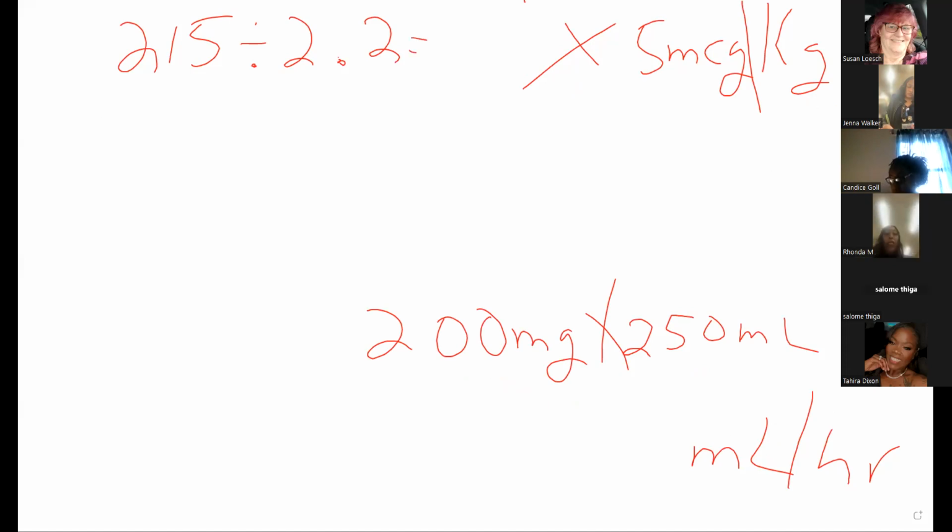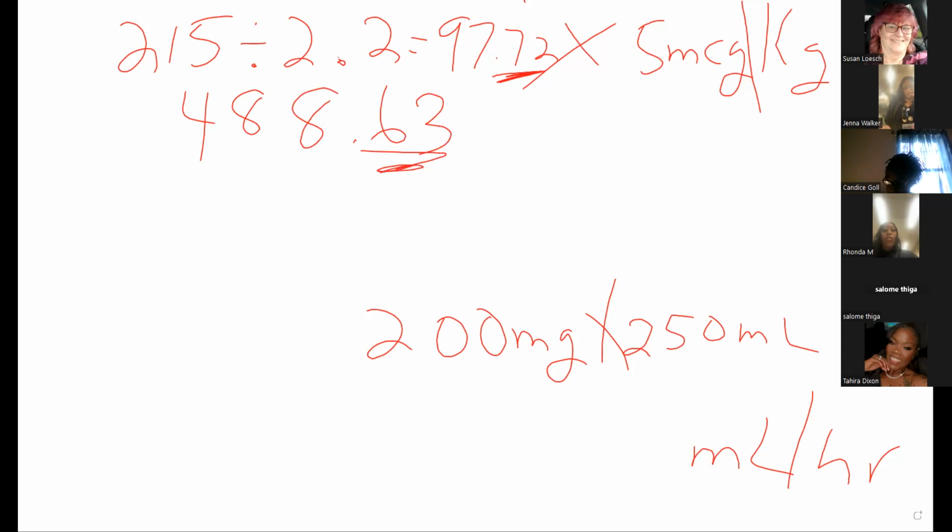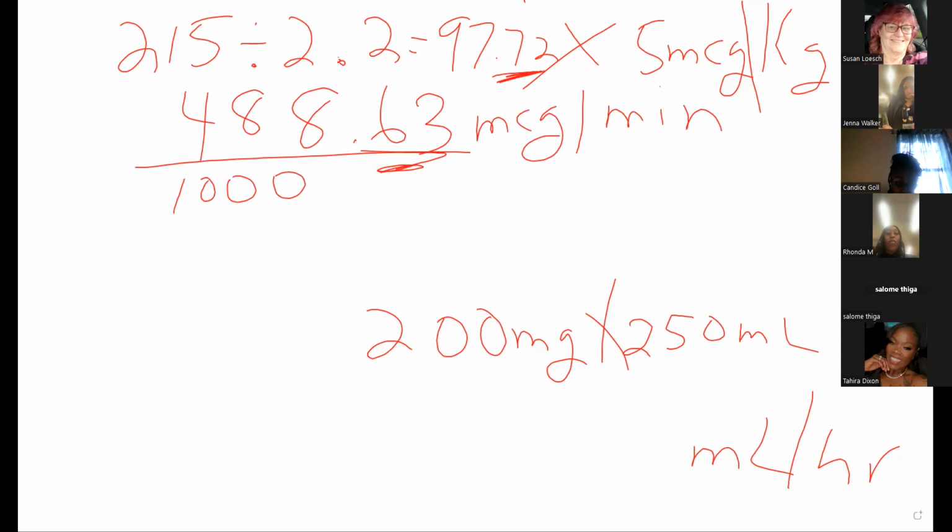Okay, so that gave me 97.72. I put the line here to represent infinity. I just don't put all the numbers up there, but I leave them all in the calculator. And I'm going to multiply that whole number times my 5. And that's going to give me 488.63 and so on. Okay, this is micrograms per minute. We need to divide it by 1,000 to make this milligrams per minute. 0.48863.